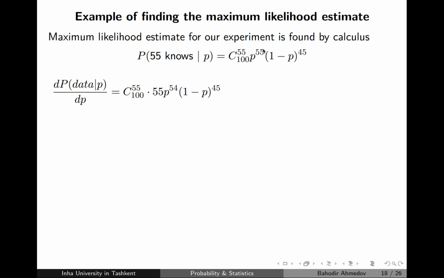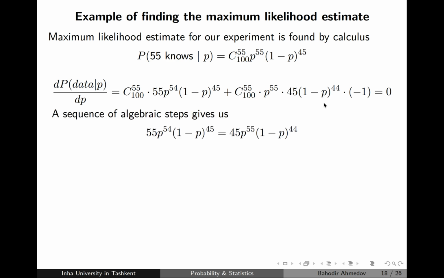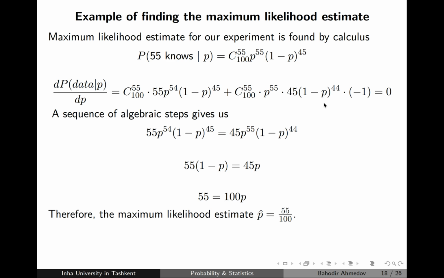It's going to be the derivative of the first part, which is 55 multiplied by p to the power of 54, plus the derivative of the second part, which is 45 multiplied by 1 minus p to the power of 44, multiplied by minus 1, which is the derivative of 1 minus p according to the chain rule. If I equate this to 0 and simplify using algebraic operations, I obtain that p is equal to 55 over 100. So this is the maximum likelihood estimate.